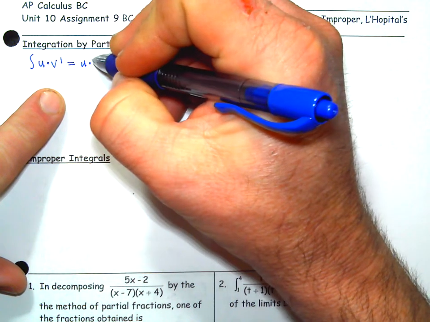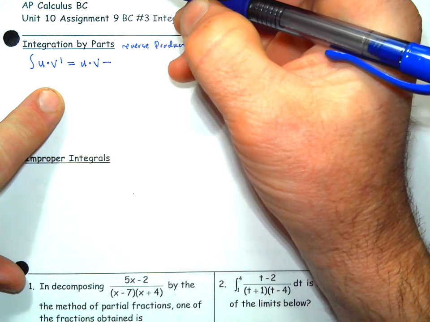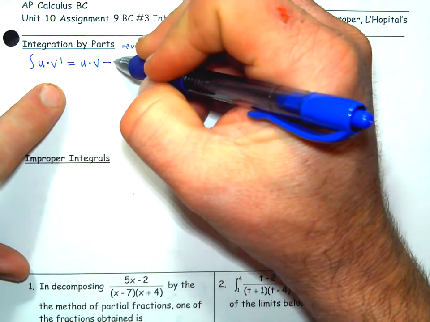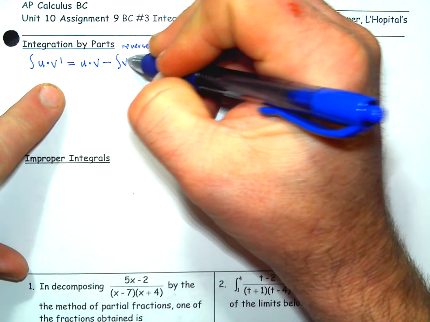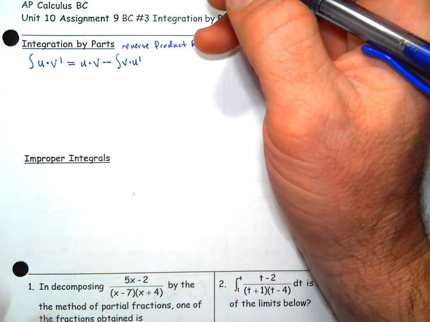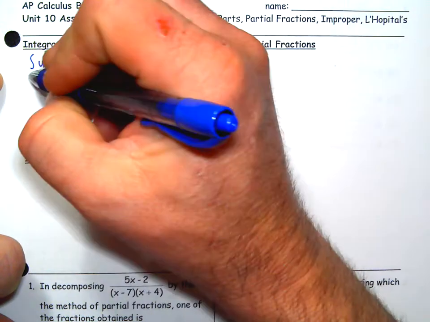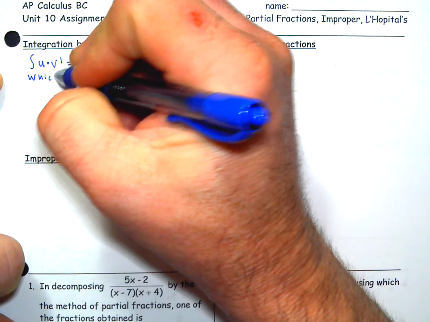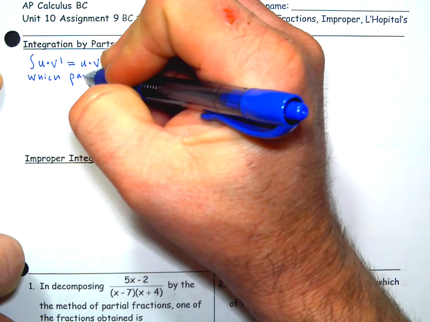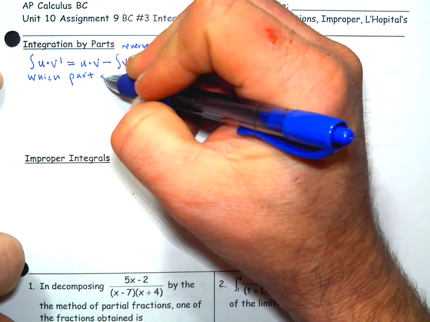I don't think I'm going to rederive this right now. But we get uv minus the integral of vu prime. Now, I don't know if I'd really memorize this because there's a pattern that I use. One of the first things is to decide which part is the u and which part is the v prime. So we'll start with the u.